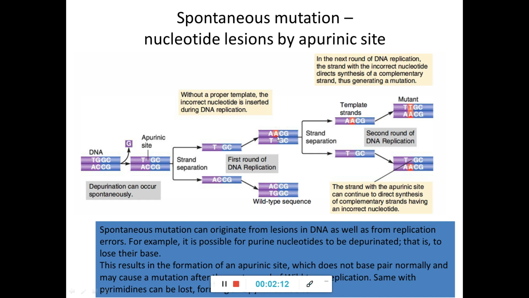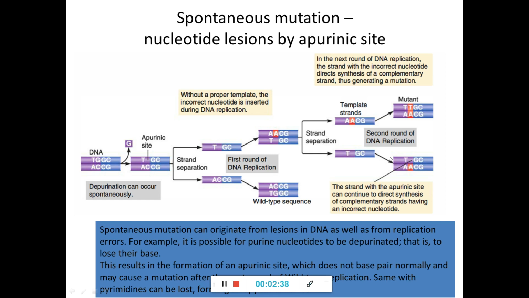Then when this mutated strand further undergoes a second round of replication, the story repeats and again the mutated one will of course give rise to another mutated strand, and the second one which has an apurinic site could give rise to anything, or any incorrect nucleotide could be added here, and that would result in mutations.